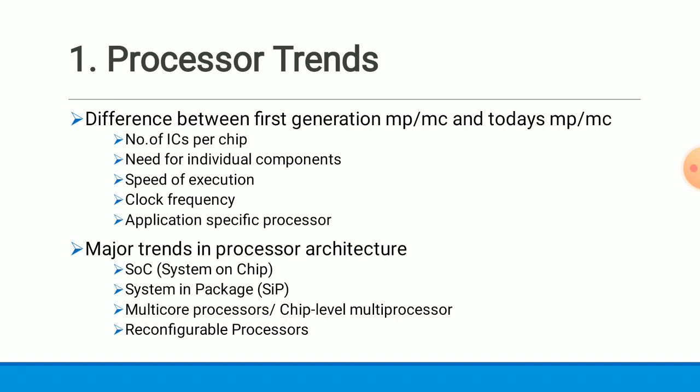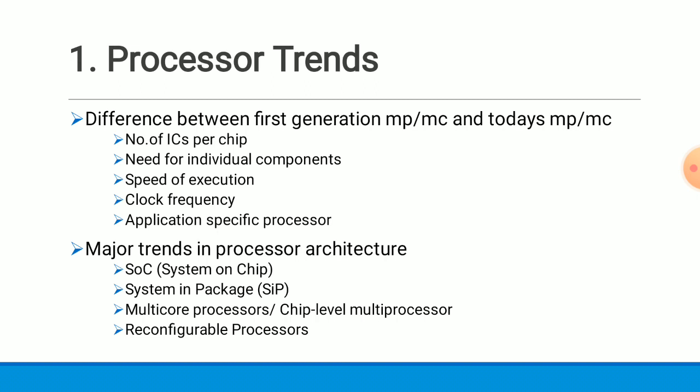And the major trends in processor architecture are, first one is SoC, system on chip. SoC is a technology that places multiple functional systems on a single chip, that is, all components for an embedded system in a single chip.